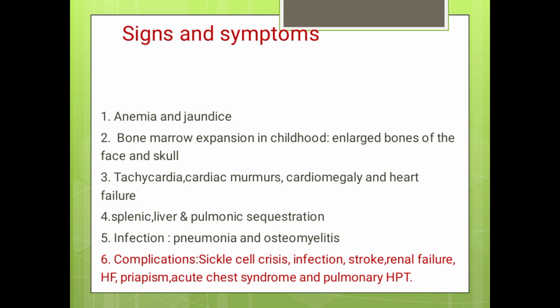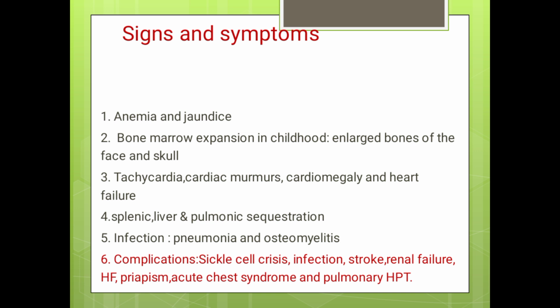When you have anemia, you can have tachycardia, cardiac murmurs, cardiomegaly, and heart failures. So some of these things too, especially in the case of tachycardia, is just a compensatory mechanism in the case of anemia to meet metabolic demands.